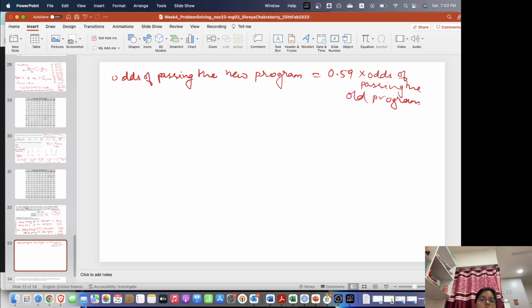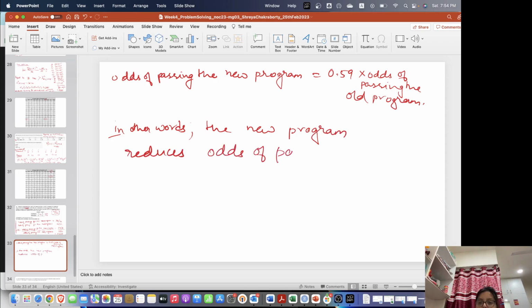If we have to say something about the efficacy of the new program, in other words, we can say the new program reduces odds of passing by approximately 41%.